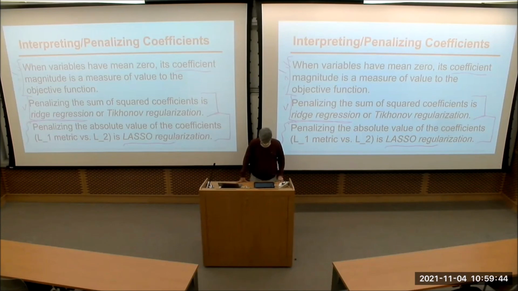Driving a coefficient in a linear model to 0 is equivalent to removing the variable from the model. And so lasso regularization is a good way to reduce the number of variables in your model without really affecting the performance. Any questions?